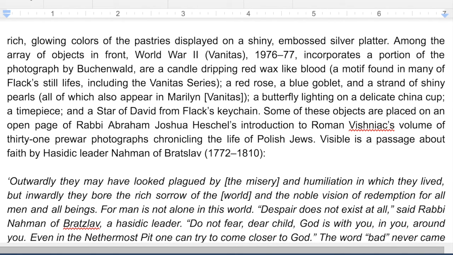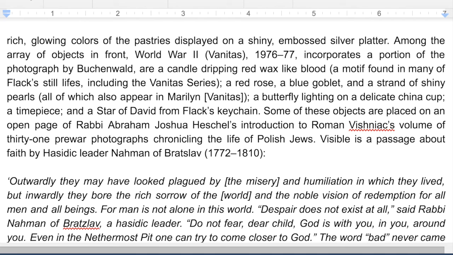What this painting does is incorporate a part of the well-known photograph of Buchenwald, and we also see the candle dripping red wax like blood. There's a red rose, a blue goblet, and a shiny strand of pearls. All these things also appear in Marilyn Vanitas. But here's where we refer to this butterfly again.